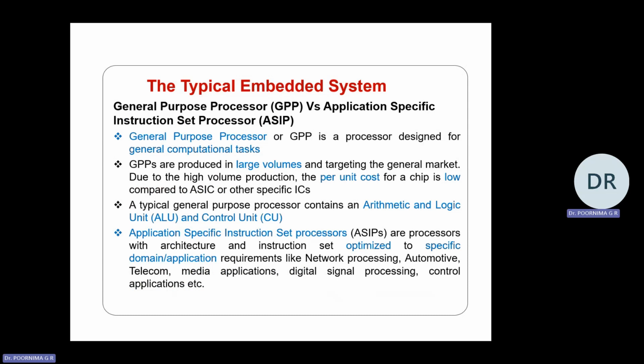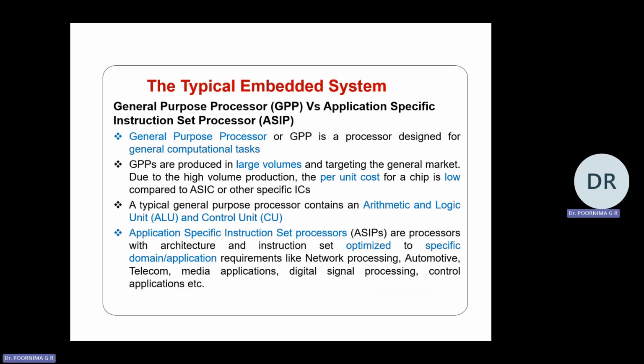Now let us see the typical embedded system, general purpose processors and application specific instruction set processors. What is the difference if the embedded system has a general purpose processor or an application specific instruction set processor? The general purpose processor, or GPP, is also called a general computational processor, designed for performing general computational tasks.